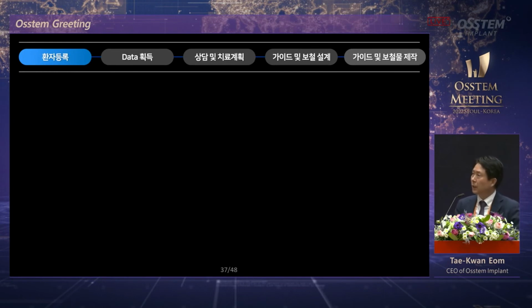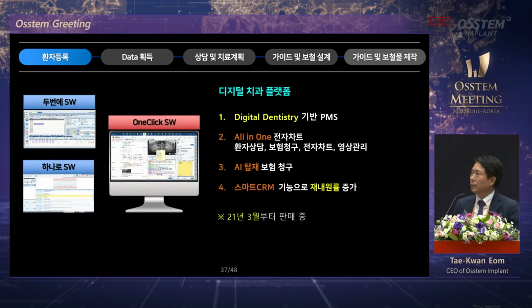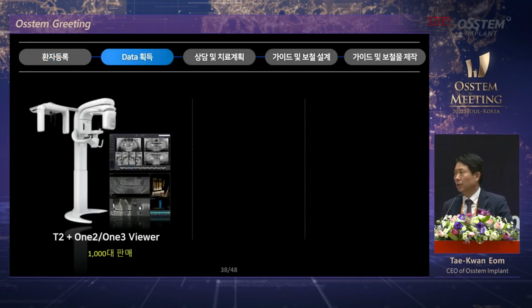So Osstem, as I said before, where is it now? Patient registration software is used, and the digital dental platform, PMS, one-click software is launched. This is the Digital Dentistry Foundation, electronic charts and insurance claims, and AI functions are included in here for one-stop service.